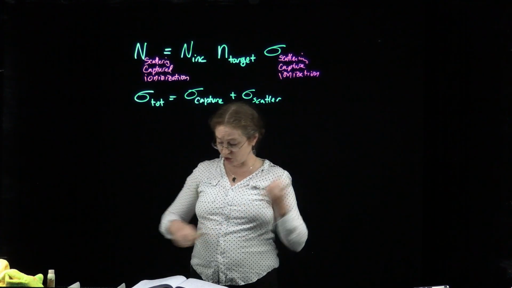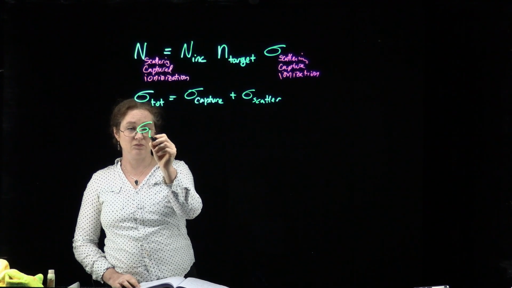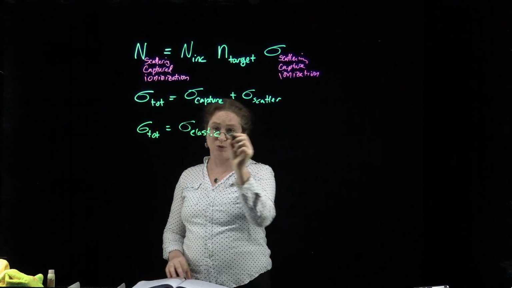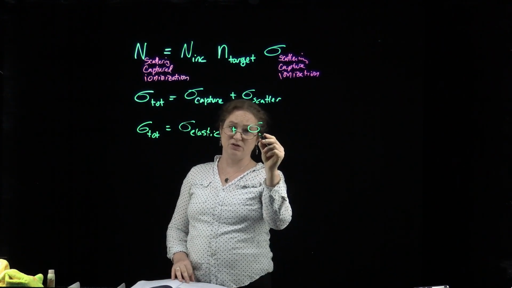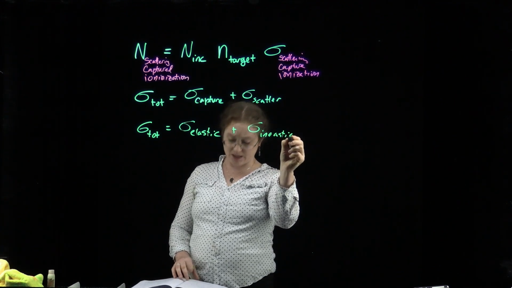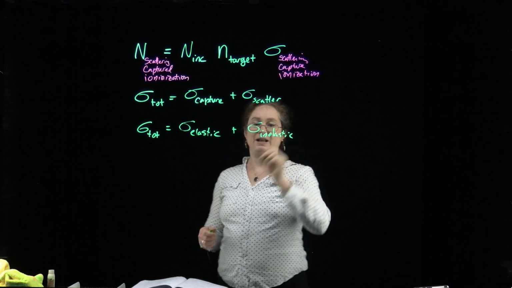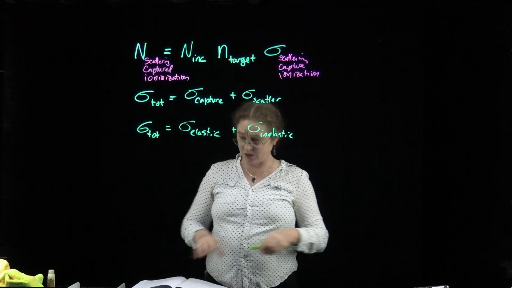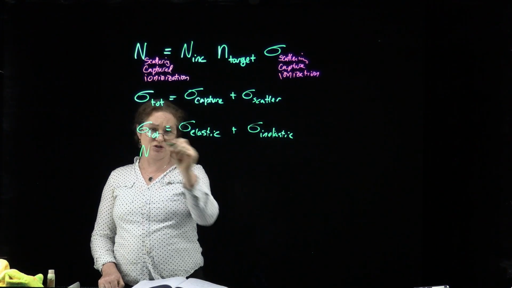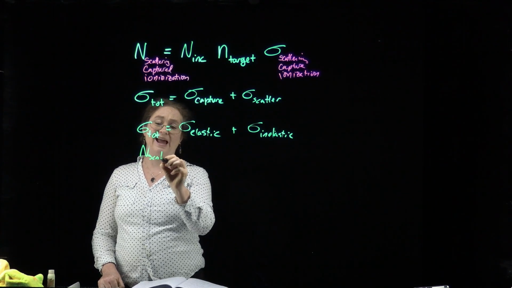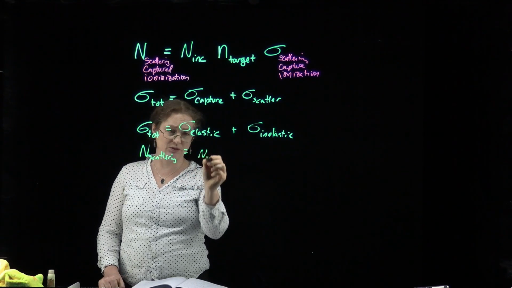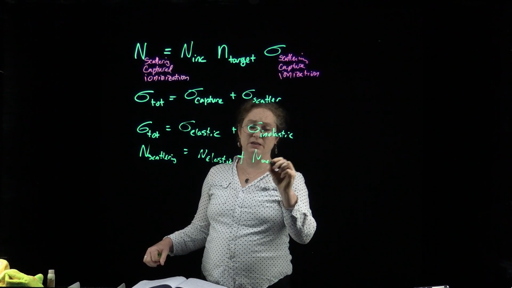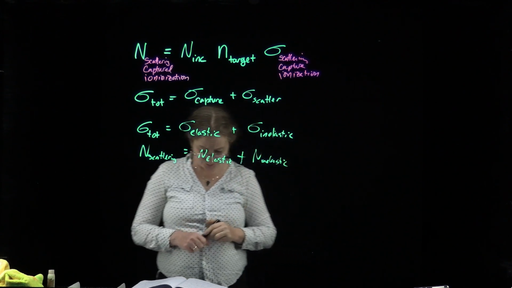So then you can define your total cross-section as the sum of the cross-sections of all elastic processes plus the sum of the cross-sections of all inelastic processes. I dropped an L there. And that is just additive, because the total number of scatterings is going to be the total number of elastic scatterings plus the number of inelastic scatterings.